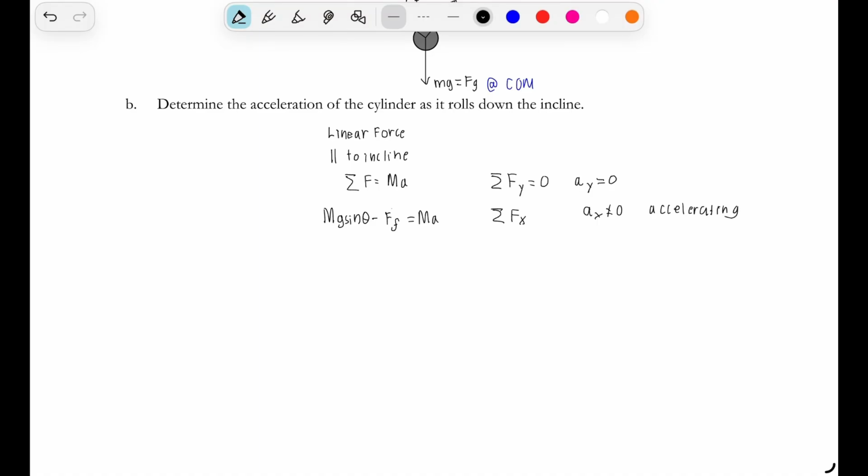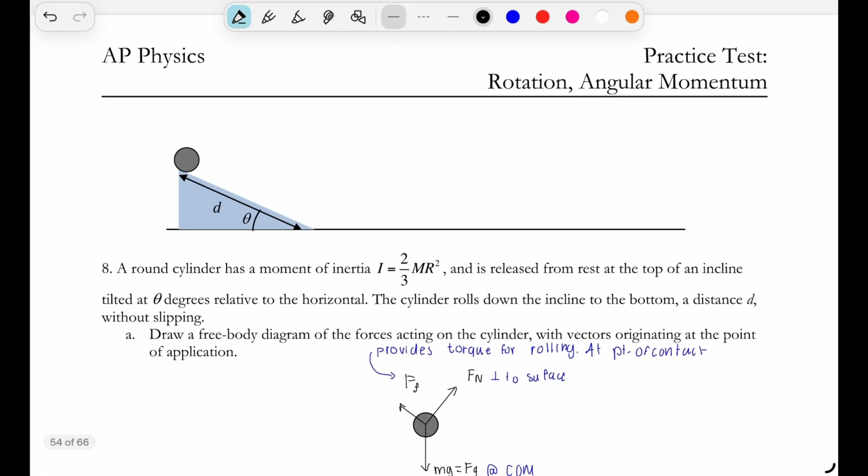That is why we have only our horizontal forces here. So our friction is acting this way up the hill, and then down the hill we have this force.